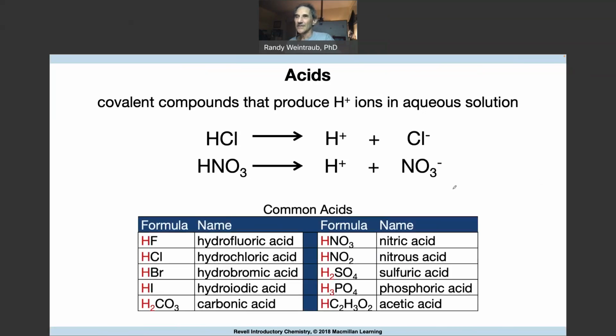Here are the formulae and names of common acids. And each, in aqueous solution, dissociates into hydrogen ion and its counter anion.